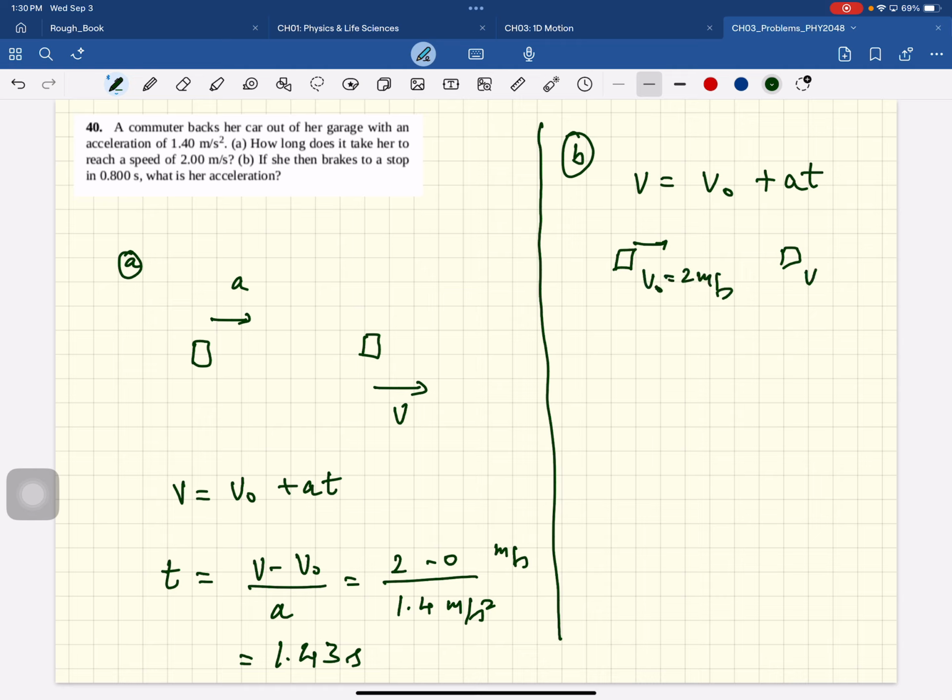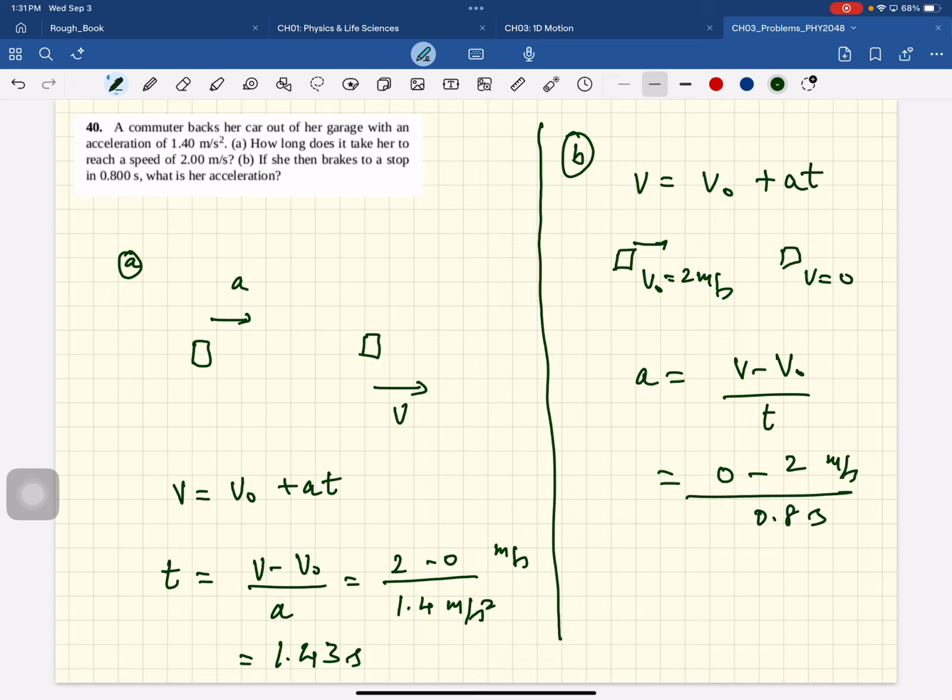What is your final velocity this time? 0. Yep. So you're coming to rest and you're finding your acceleration this time, V minus V naught divided by T, 0 minus 2 meters per second divided by 0.8 second. And so this is minus 2.5 meters per second squared.